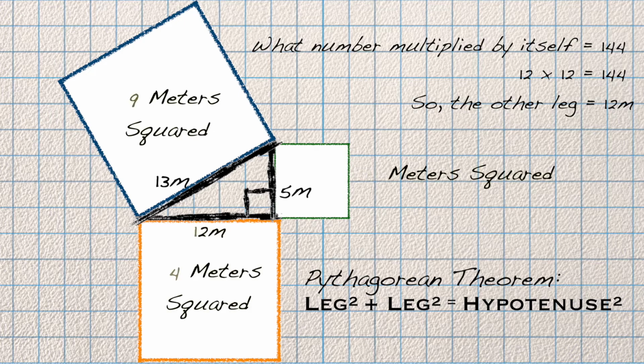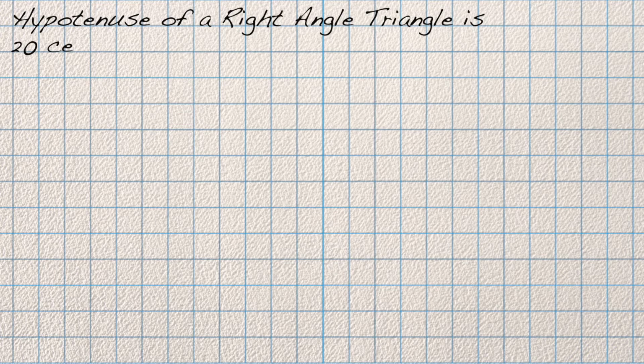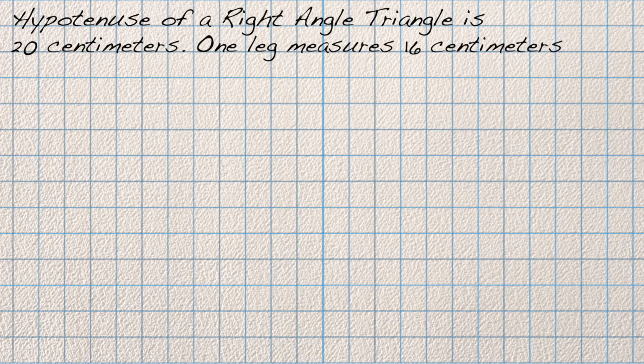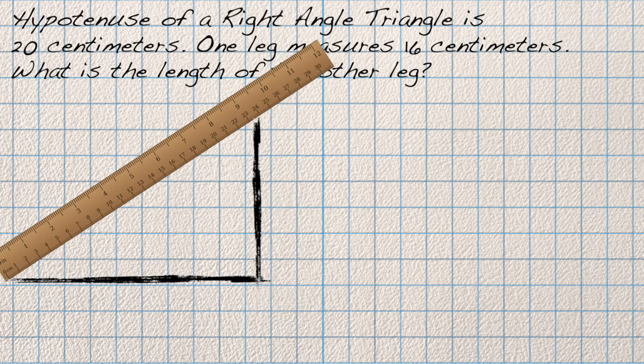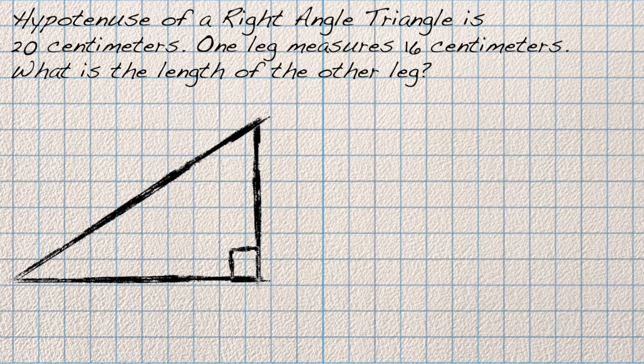Let's look at a last example. The hypotenuse of a right angle triangle is 20 centimeters, and one leg of the triangle is 16 centimeters.